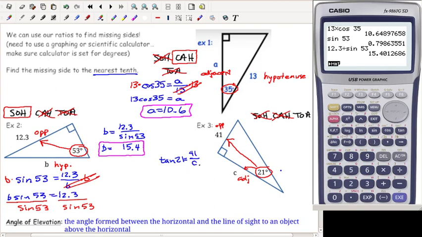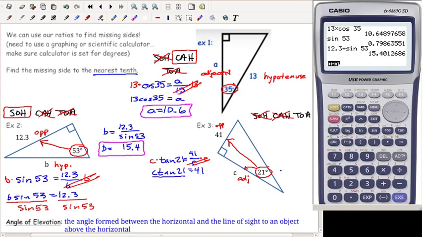And again, I've got the C on the bottom, I need to get it by itself, so I've got to get it off the bottom onto the top, so multiply both sides by C, so that my C's cancel. So this gives me C tangent of 21 equals 41. And then again, this tangent of 21 is just a number, just a ratio.